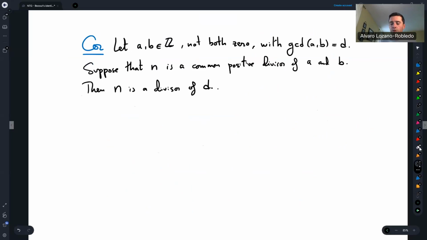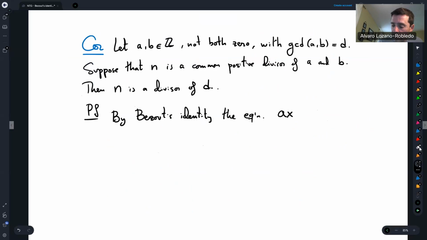Okay, so how are we going to show that? Here's the proof. Since they're both not 0 and we have the GCD, by Bézout's identity, the Bézout's equation, AX plus BY equals D, has a solution in integers.